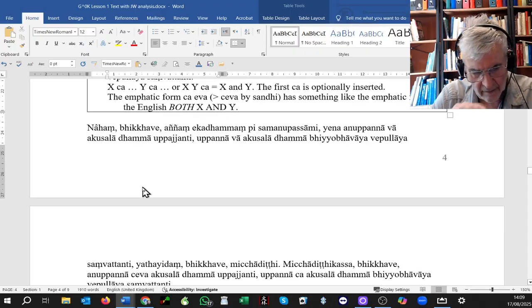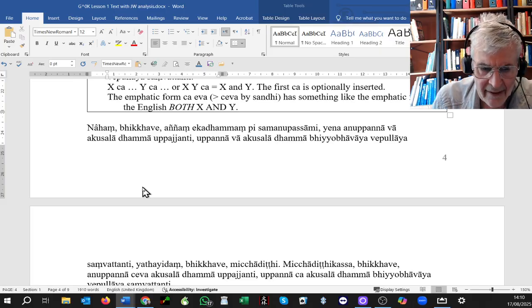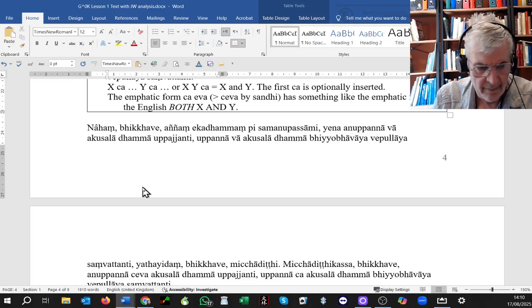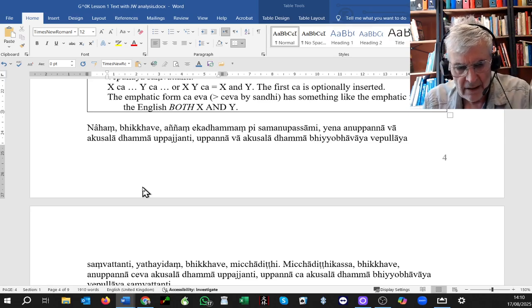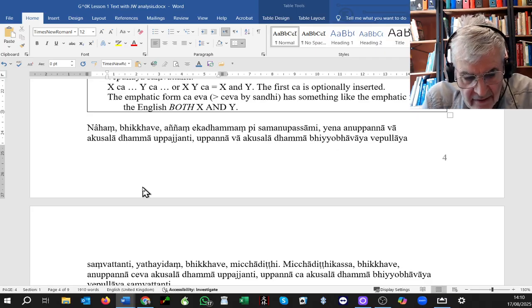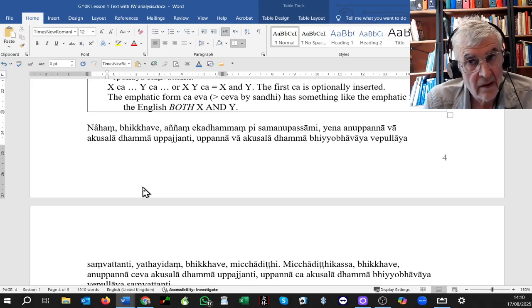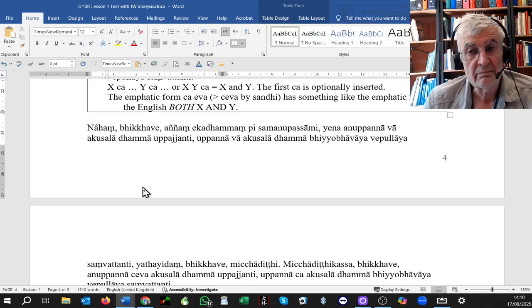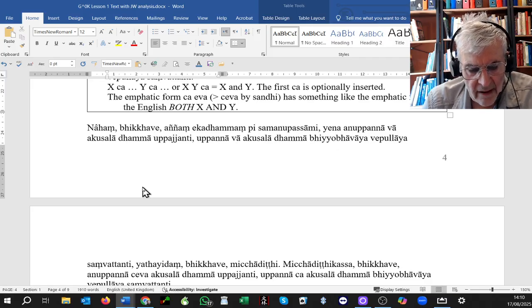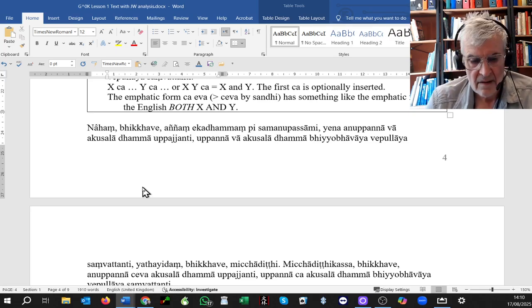So let me try my copy here. Naham bhikkhave annam ekadhammampi samanupassami yena anuppanna va akusala dhamma uppajjanti uppanna va akusala dhamma bhiyo bhavaya vepullaya samvattanti yathayidam bhikkhave micchaditthi. Micchaditthikassa bhikkhave anuppanna cheva akusala dhamma uppajjanti uppanna cha akusala dhamma bhiyo bhavaya vepullaya samvattanti.